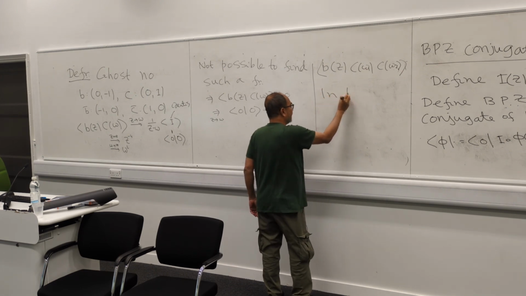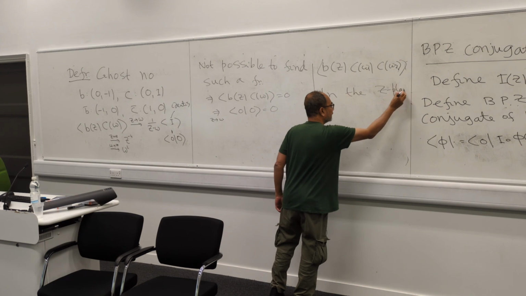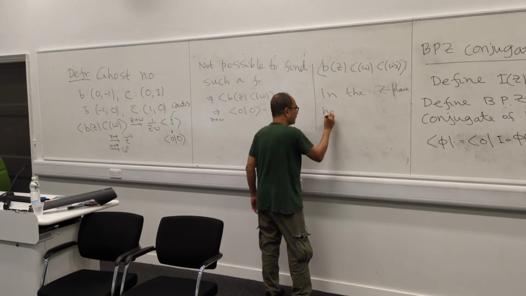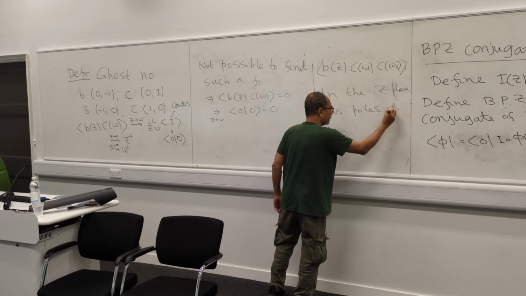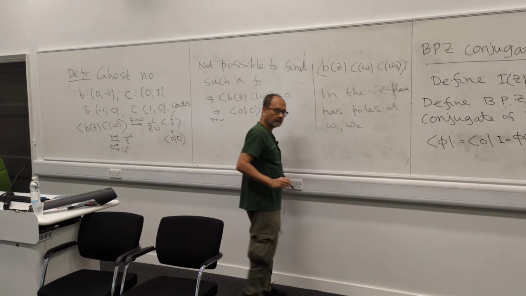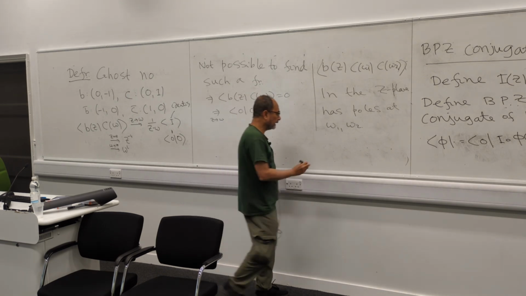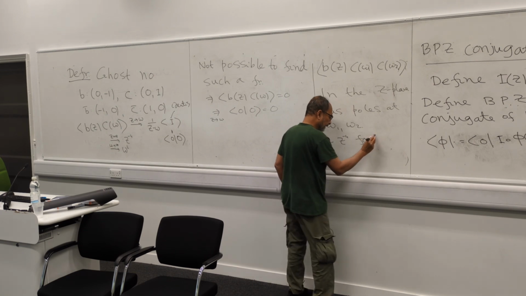In the Z plane, it has poles at W1 and W2, and it goes as Z to the minus 4 for large Z.